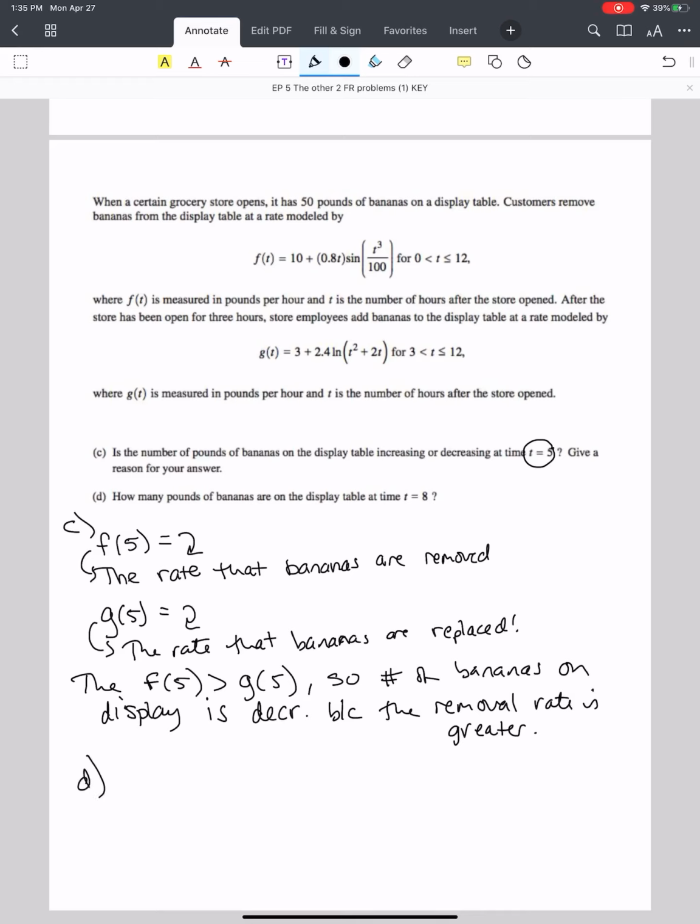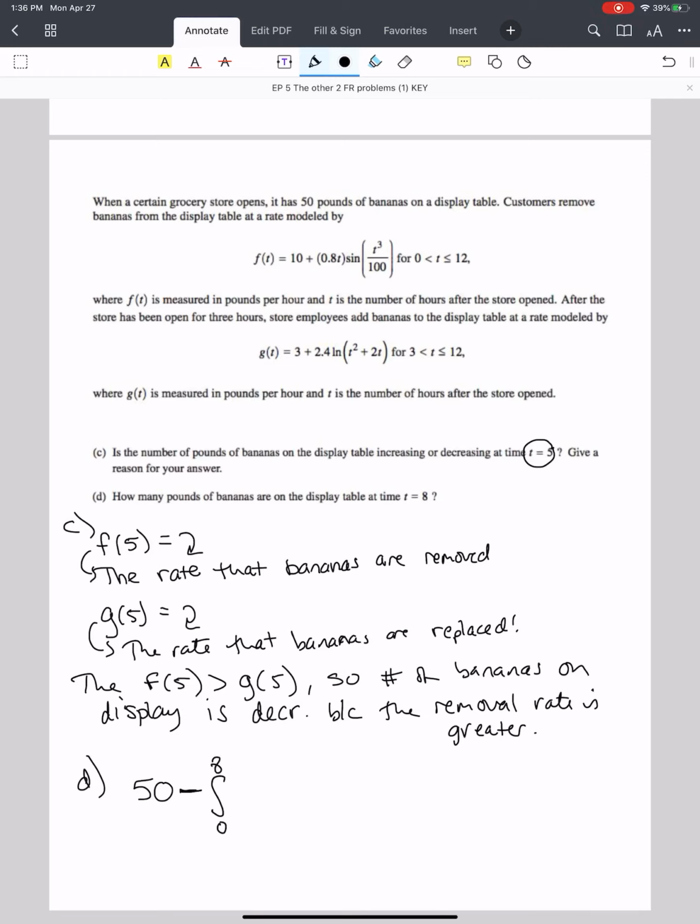D. How many pounds of bananas are on display at time 8? It's an excellent question. So you go, how many pounds? I have rates, right? So I think the store opens with 50 pounds, right? I just need to say what it is. So there's 50 pounds plus, it's not plus, it's minus, because everyone's going to grab those bananas from 0 to 8.